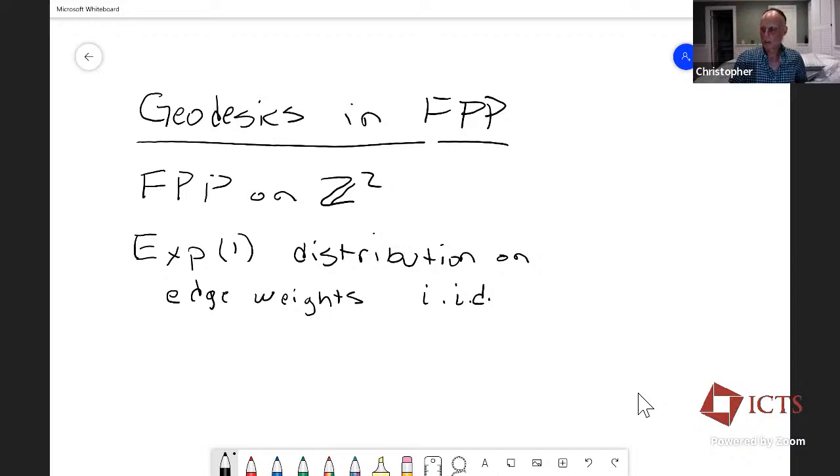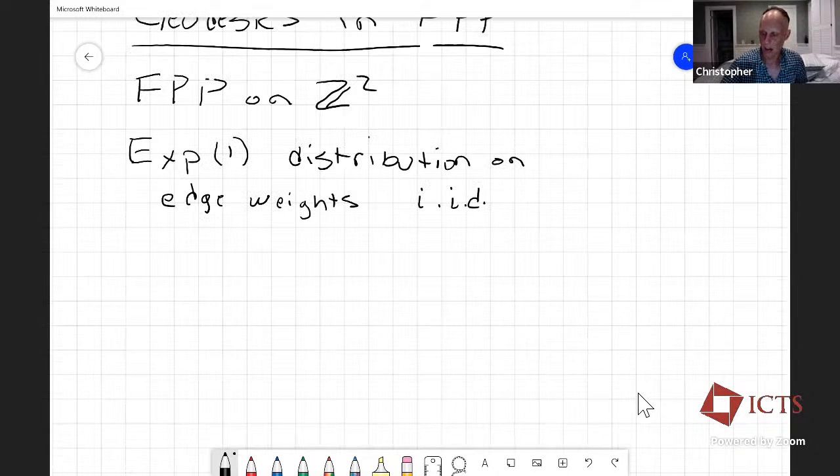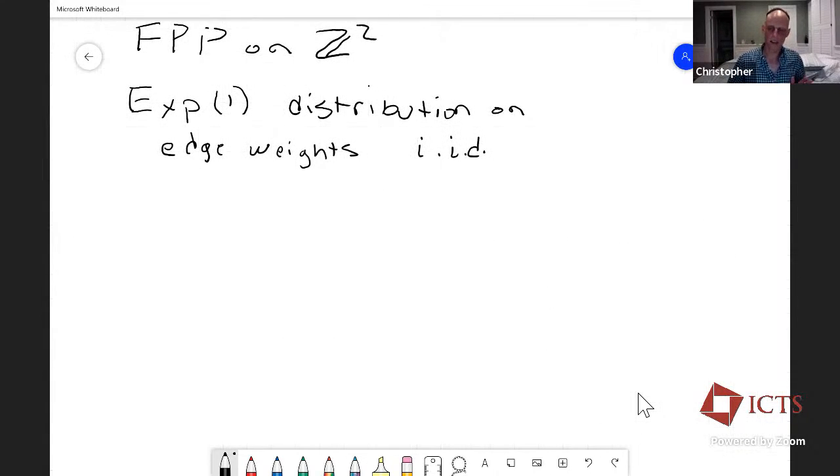And so what are the fundamental results in first passage percolation?